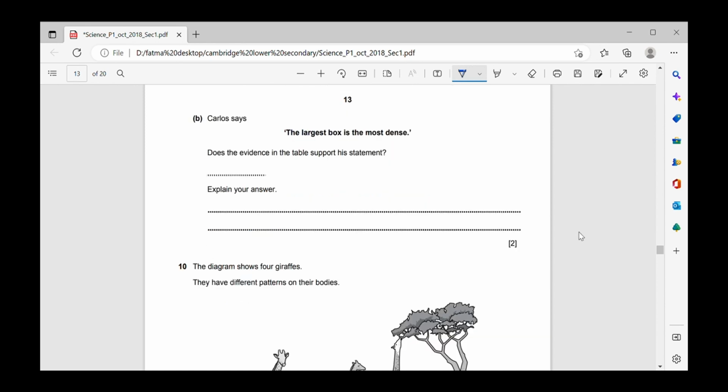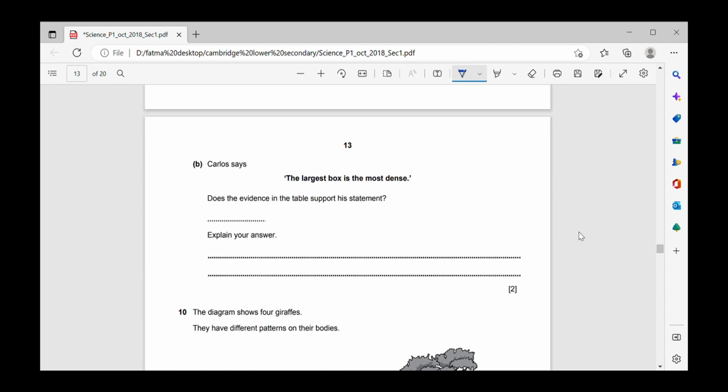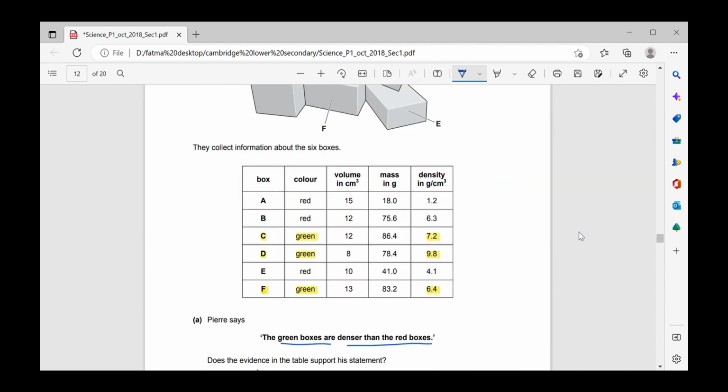Okay. Question B. Carl says the largest box is the most dense. Does the evidence in the table support his statement? Let's look at the table. He's saying that the largest box is the most dense. Which one here is the largest box?